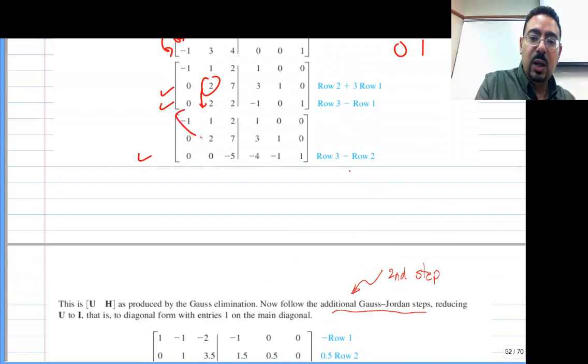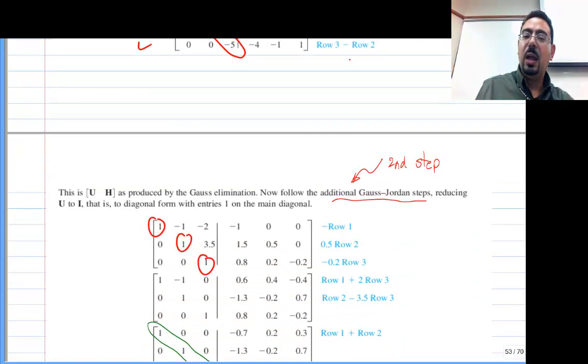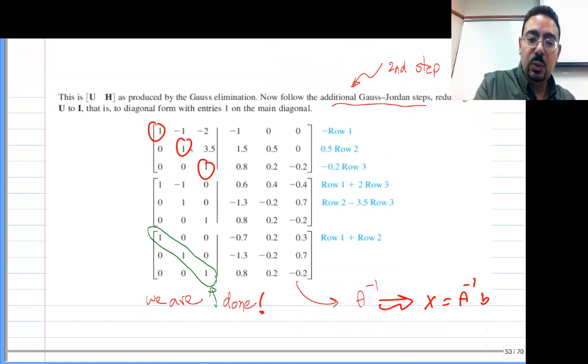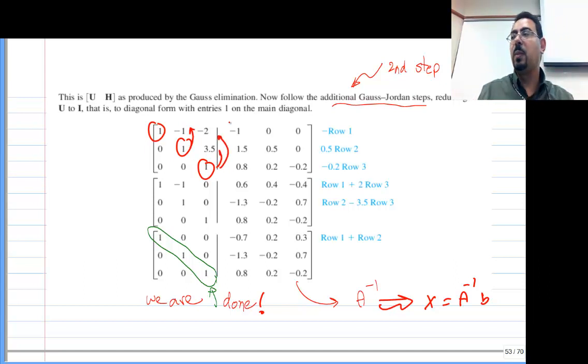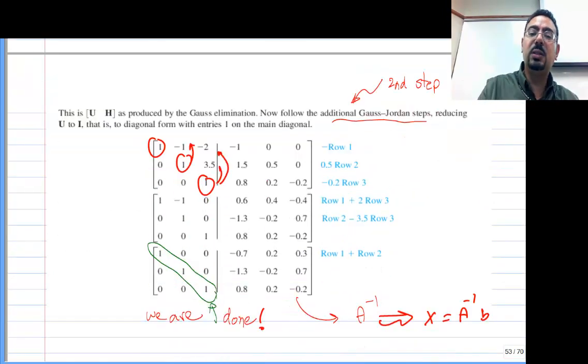And then you look at those guys and you turn them into 1, 1, 1, and then you start using them to get rid of the guys on the top. So you turn the upper triangular matrix that you generated first, you turn the diagonal into 1, and then use them to turn this into even a diagonal matrix.